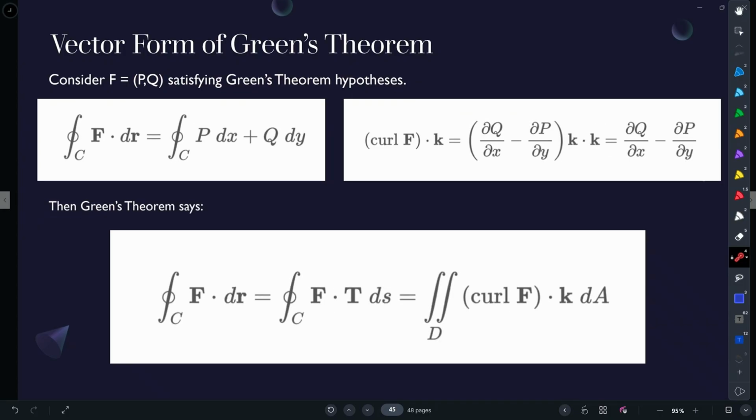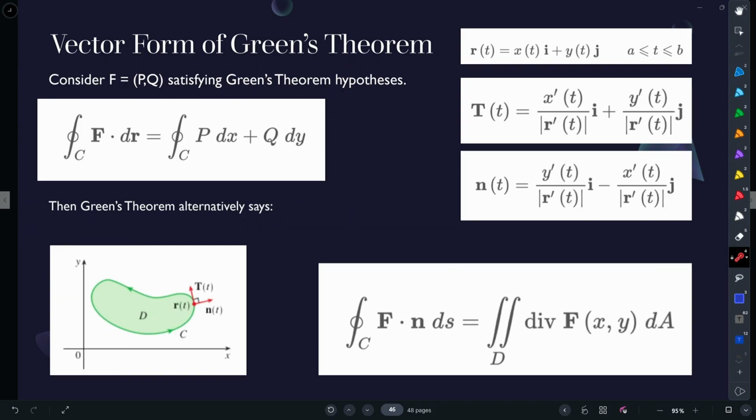You can reinterpret Green's theorem, in what we call the vector form of Green's theorem, as the line integral of this vector field equals the area integral of the curl of f dot k. This carries over exactly to Stokes' theorem for vector fields in 3 dimensions.